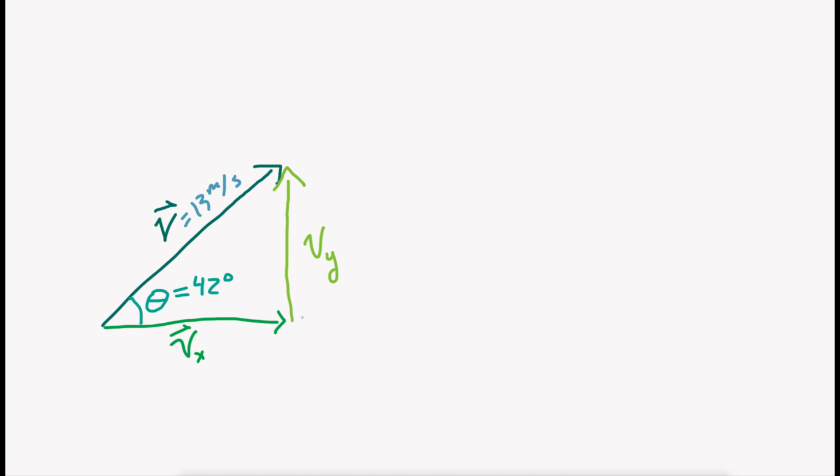I went ahead and drew the vectors for you, and as you can see, I didn't have graph paper because this doesn't quite look as good with graph paper. You can't necessarily look at the units and say, okay, that's how it is. So if this is 13 meters per second, then we can use sine.